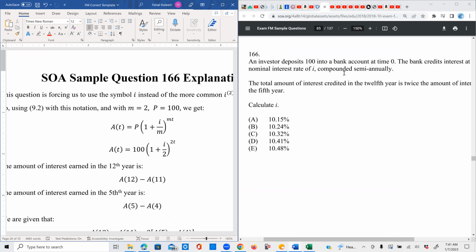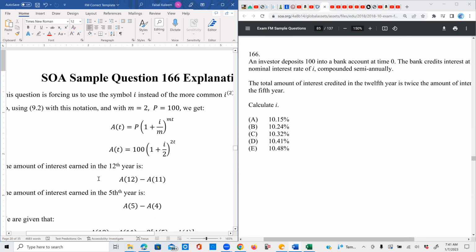So m is 2 in this case. They are forcing us to use the symbol i instead. And therefore, this formula now will have (1 plus i/m) power mt instead of i^(m). And m is 2, P is 100, so it would be 100 (1 plus i/2) power 2t.